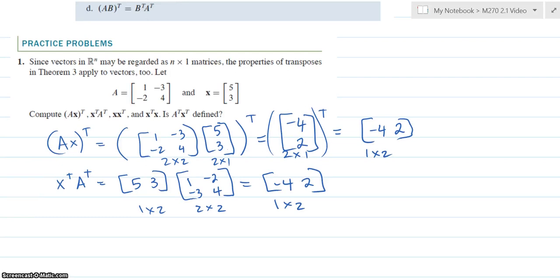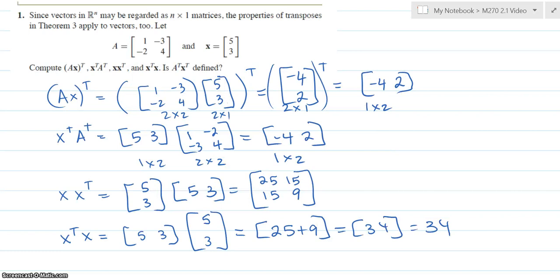Practice the others. I'll just give the answers to those. And here is the next two. Notice how X times X transpose is, X was 5, 3, so the transpose would be 5, 3 this way. The column becomes the row. Oh, sorry, that's before. This is actually a 2 by 1, and this is a 1 by 2, so the answer is a 2 by 2.